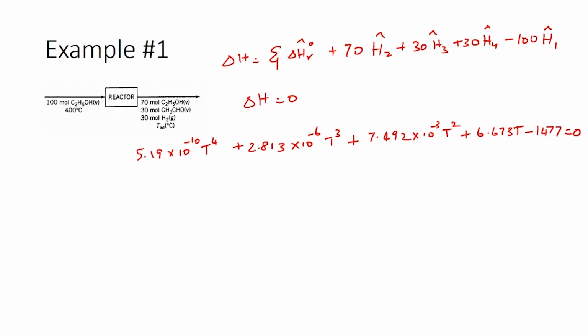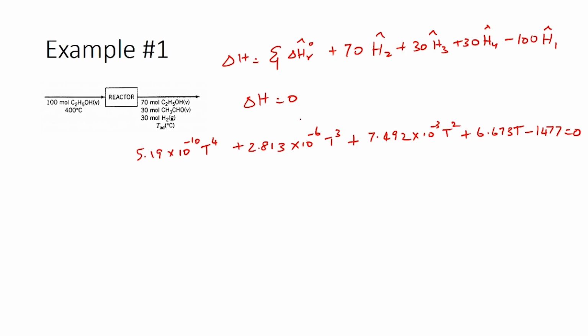You can solve this equation using Excel or some other software. If you do not have access to that, you could try to ignore the higher powers of temperature, T power 4 and T power 3, because the coefficients are 10 power minus 10 and 10 power minus 6, meaning that the impact of these would be smaller.